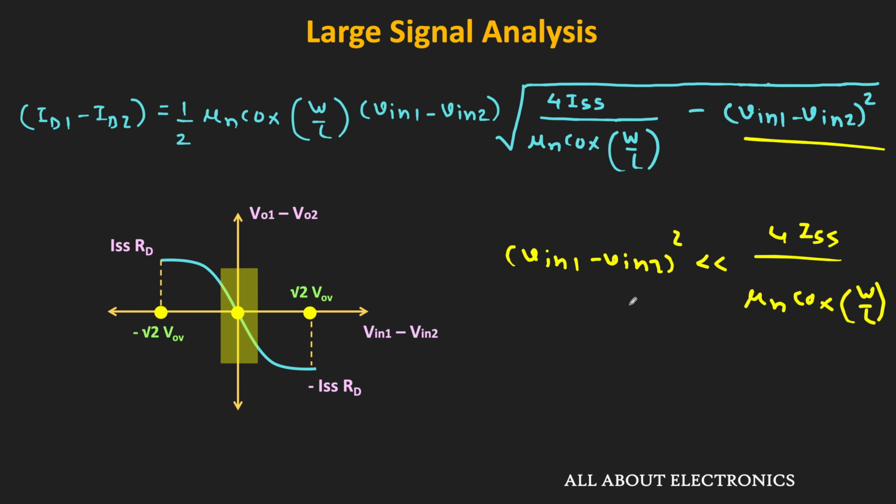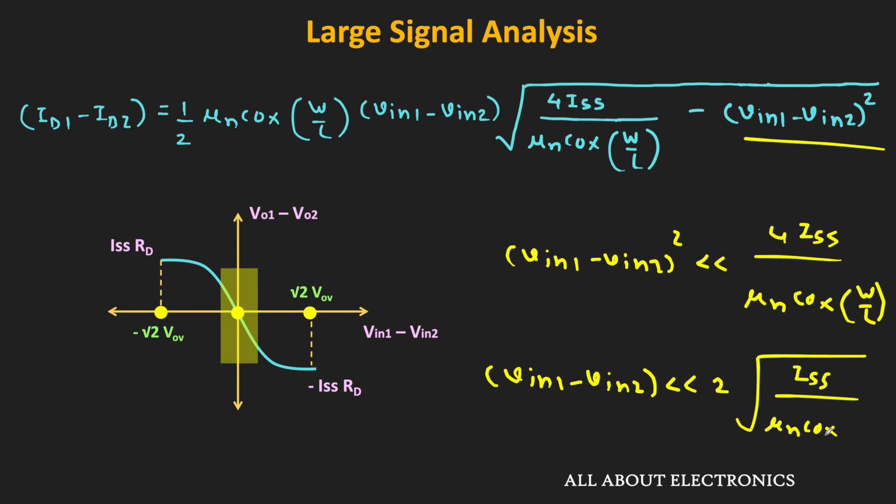So whenever this condition gets satisfied, we can neglect this term and we can get the linear relationship between the input and the output. So from this we can say that whenever Vin1 minus Vin2 is much less than 2 times square root of ISS divided by mu times Cox times W divided by L, then we will get the linear relationship.